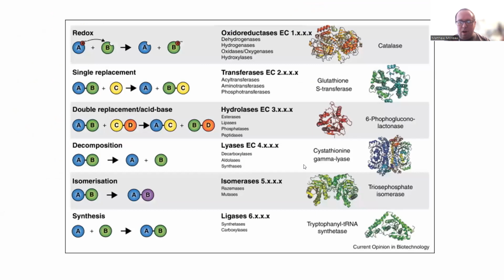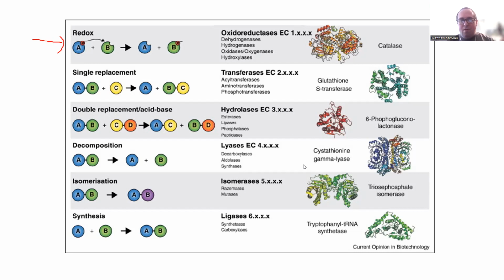Obviously, there are more chemical reactions than just hydrolysis and synthesis. Some other reactions that enzymes undergo are redox reactions, right? So these are in some essence either reducing or oxidizing molecules. In this case, we're not breaking or synthesizing anything.